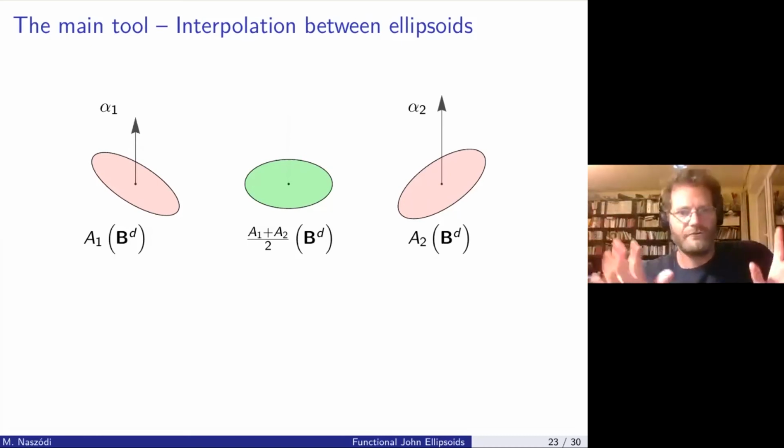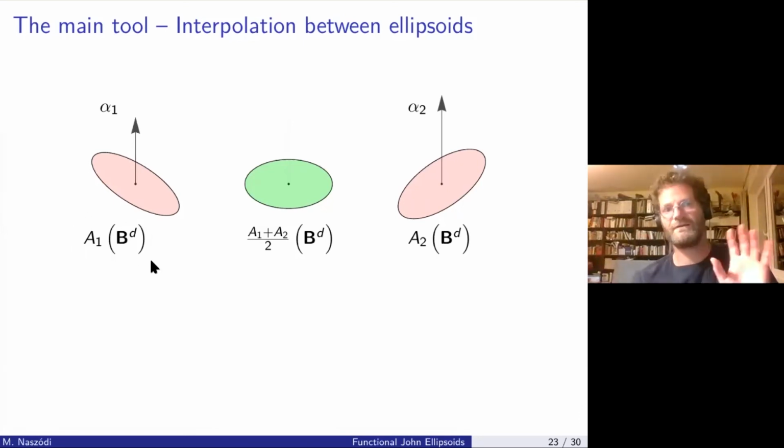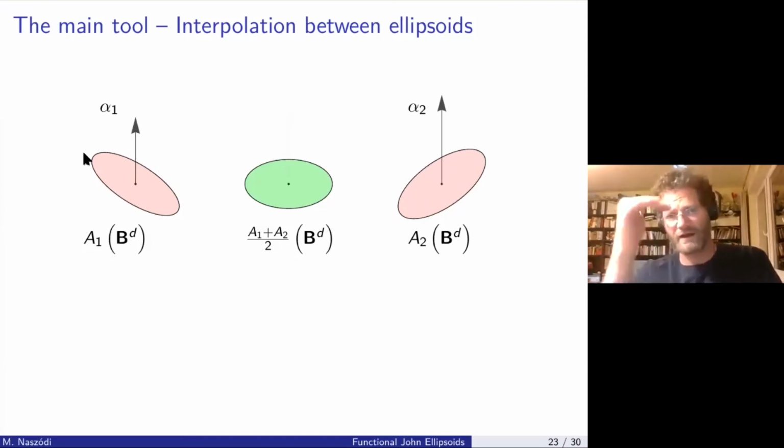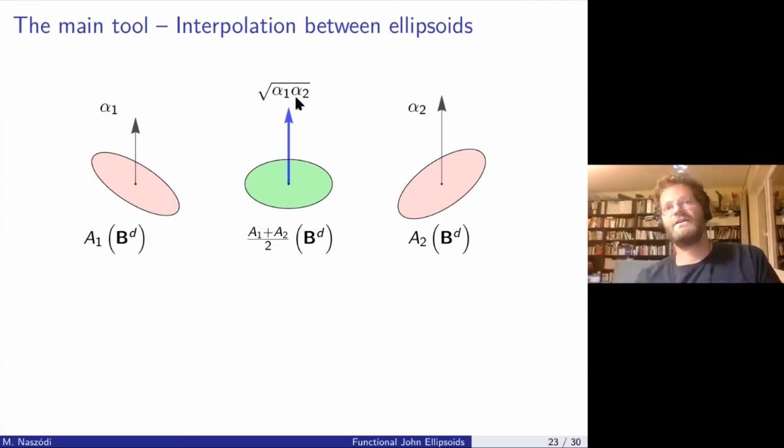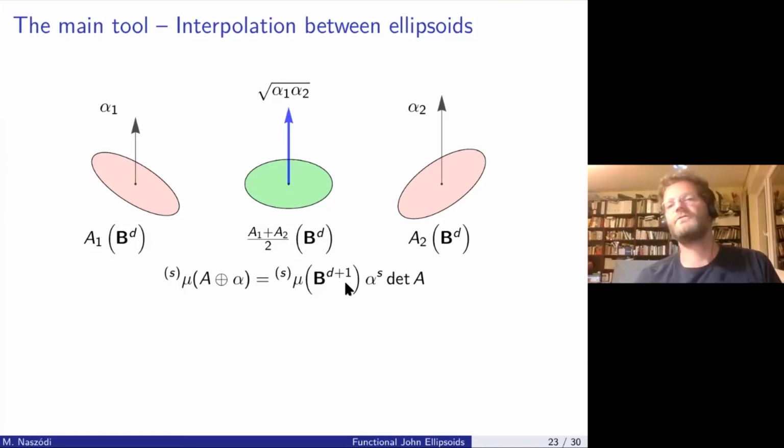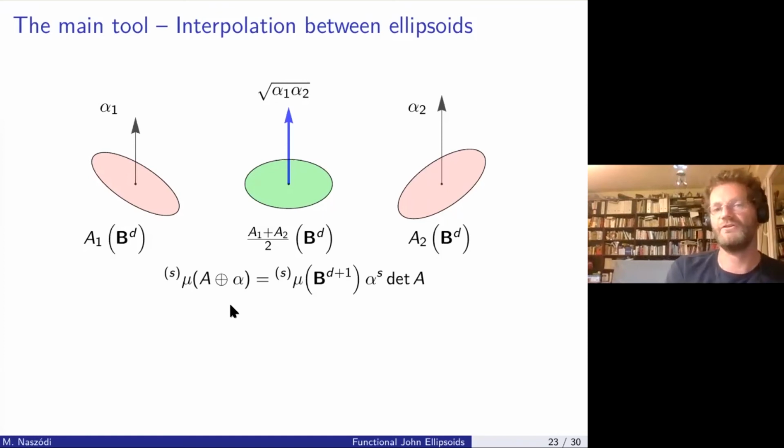So to give a d-symmetric ellipsoid, you give a d by d matrix, and also the height. Now here comes the idea that for the height, we don't take the average, but we take the geometric mean of the heights. And here is a little formula about how to compute the volume of such an ellipsoid. So if you have an ellipse, actually I should have the BD here.